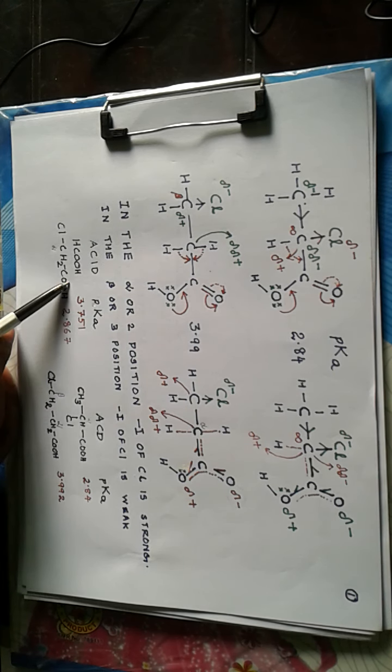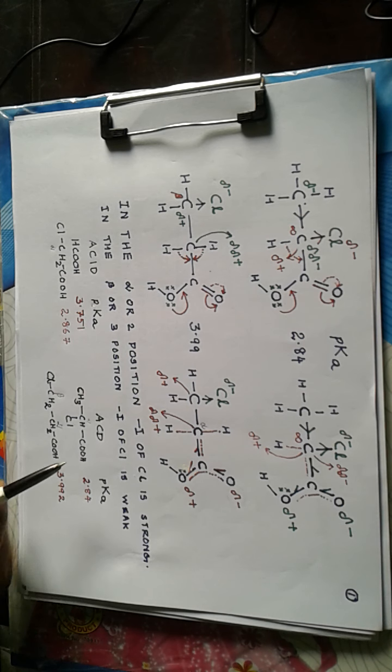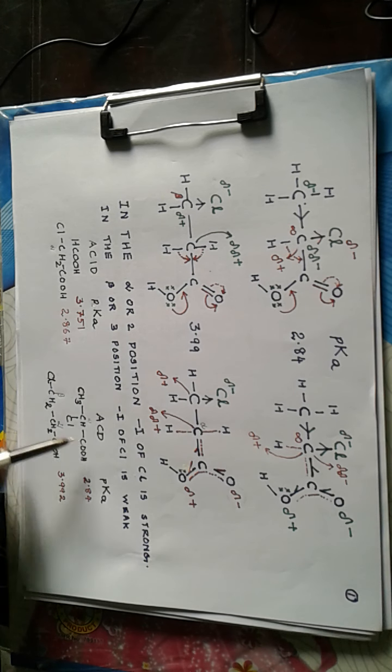The carbonyl oxygen here will have a higher magnitude of negative charge than the carbonyl oxygen here. So the small acidity difference between these two is attributed to the higher extent of hyperconjugation in chloroacetic acid than in alpha chloropropionic acid. So we should suggest various electronic effects in proper directions to account for the variation in acidity of carboxylic acids.